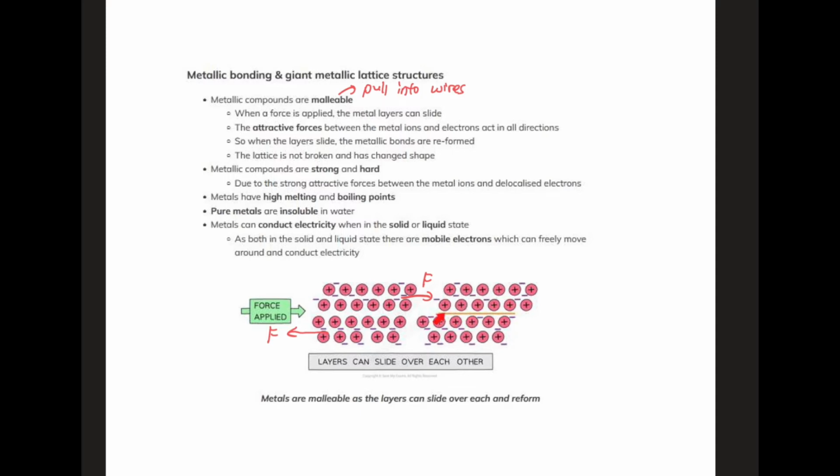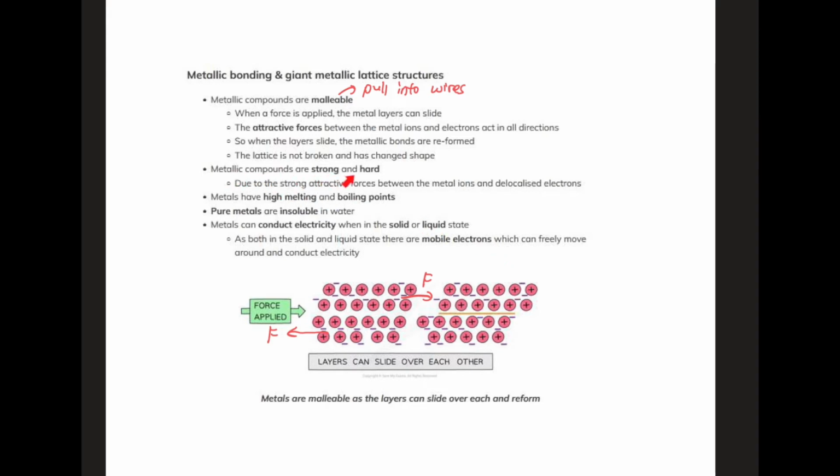When it stops sliding, then it reforms the metallic bonds. And then when the layers slide, the lattice is not broken and has changed shape. Okay, so you can change the shape. So, malleable.